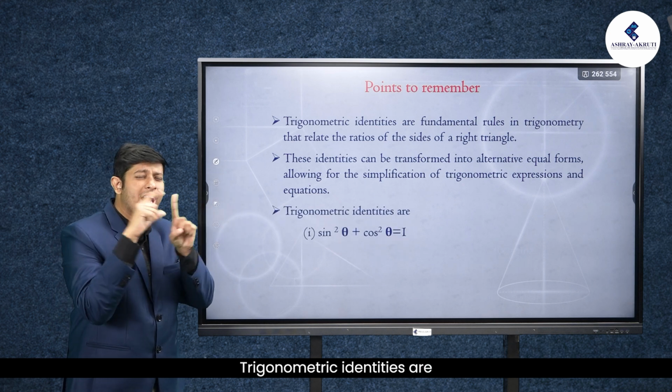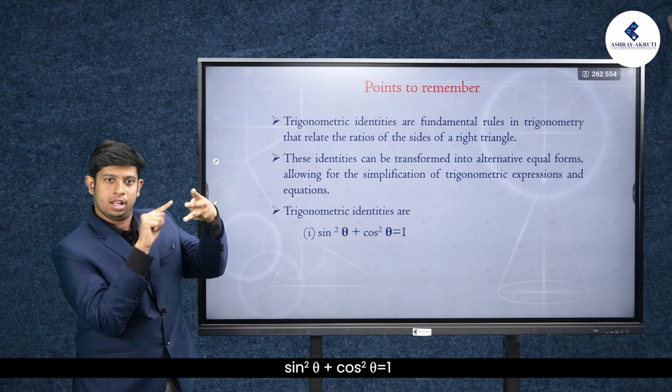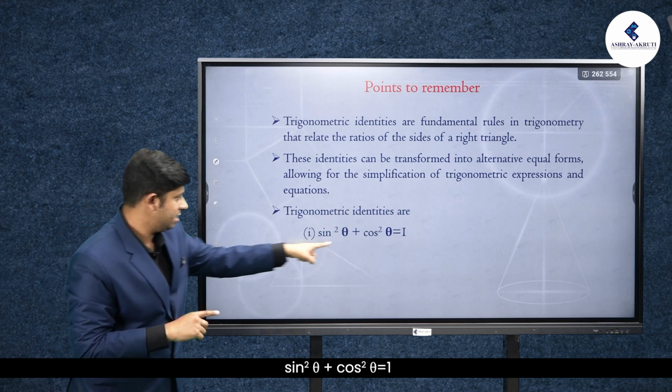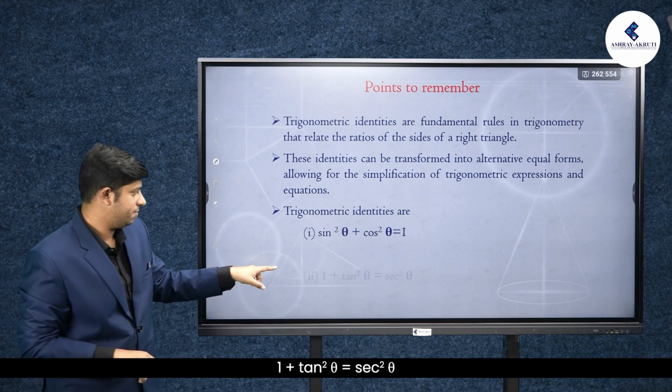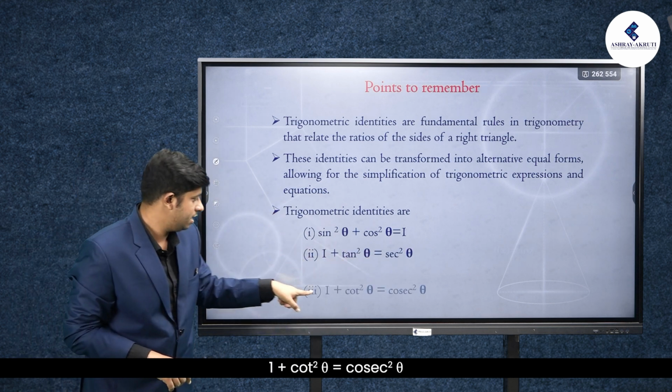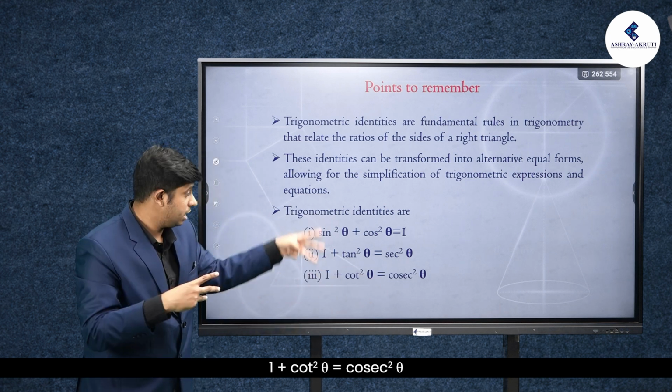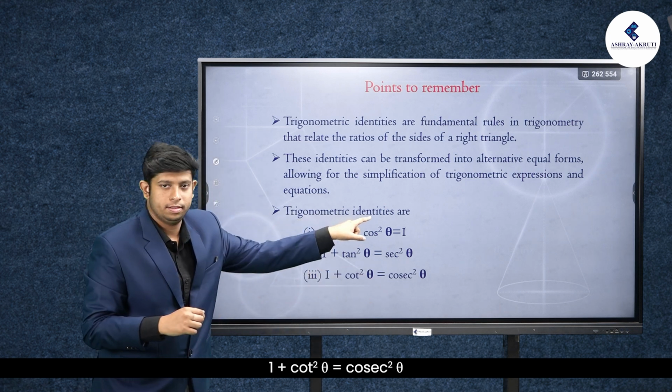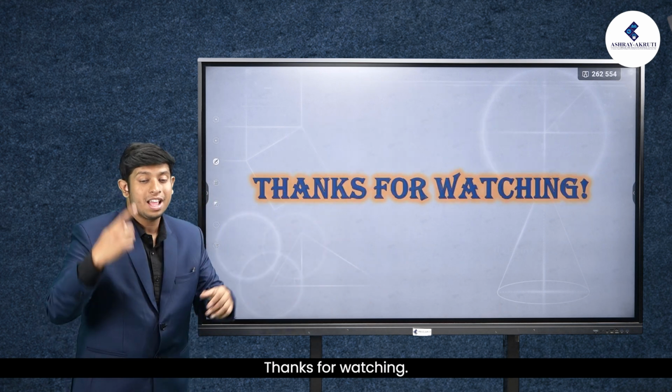Trigonometric identities are sin square theta plus cos square theta is equal to 1, 1 plus tan square theta is equal to secant square theta, 1 plus cot square theta is equal to cosecant square theta. Thanks for watching.